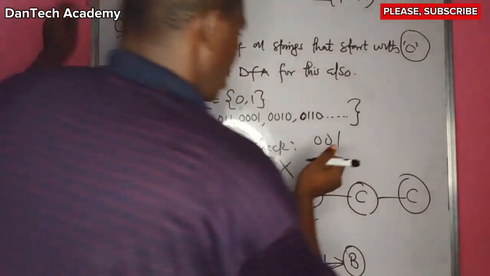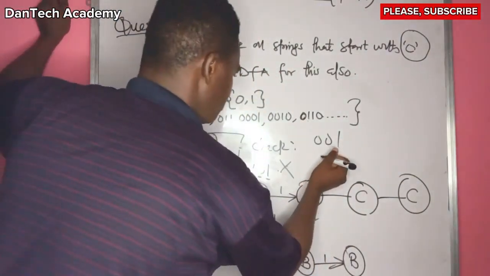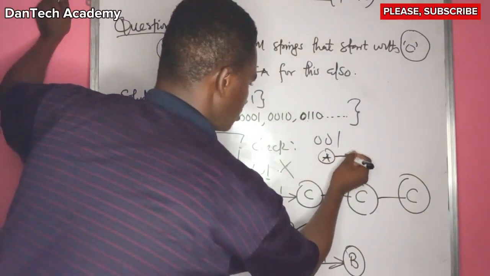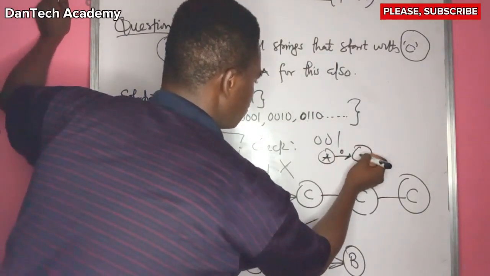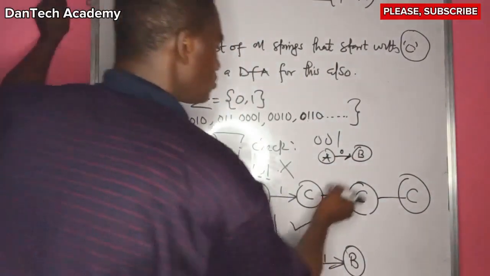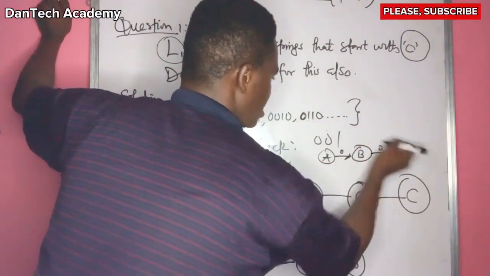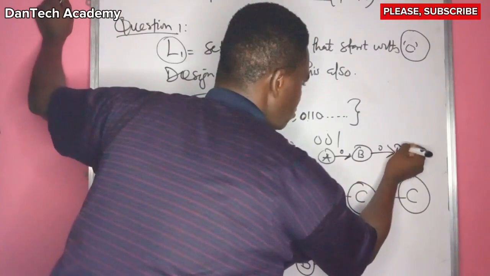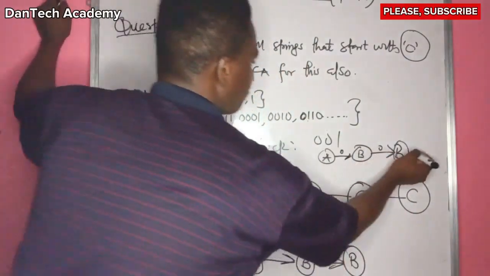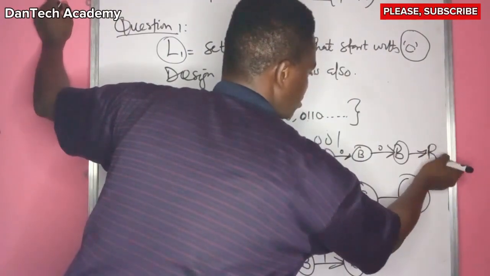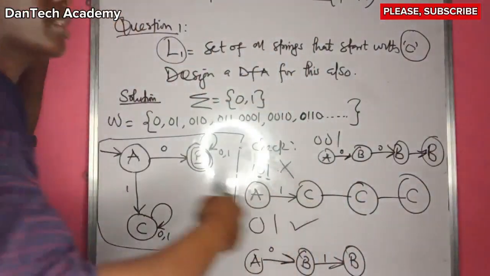So if we try this one now, we have A, 0 accepted. We move to B. We have another 0. That 0 now still self loops to B. We have 1. That 1 self loops to B. So this 001 is accepted.